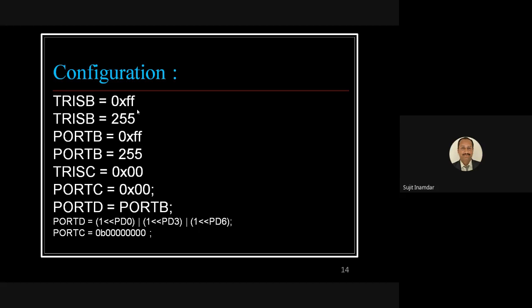The meaning of this one is direction of port C is equal to 00 म्हणजे all zeros म्हणजेच आउटपुट. गेट इट? म्हणजे all the pins of port C are configured as output. This is the simple meaning of this command.